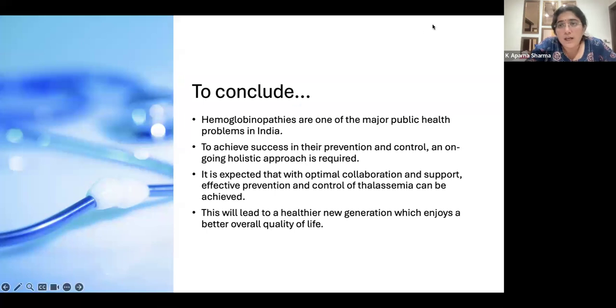I would like to end by saying that hemoglobinopathies are one of the major public health problems in India. To achieve success in their prevention and control, an ongoing holistic approach is required. It is expected that with optimal collaboration and support, effective prevention and control of thalassemia can be achieved. This will lead to a healthier new generation which enjoys a better quality of life.